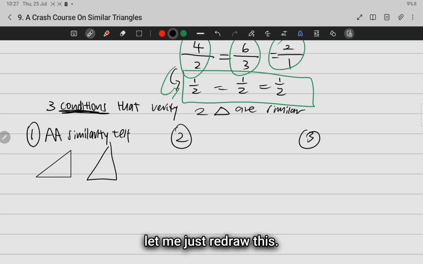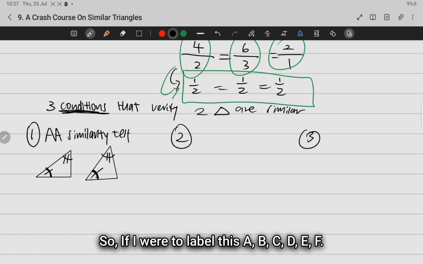Let me just redraw this. If 2 triangles are similar, that means this angle over here and this angle are the same, and this angle over here and this angle over here are the same.